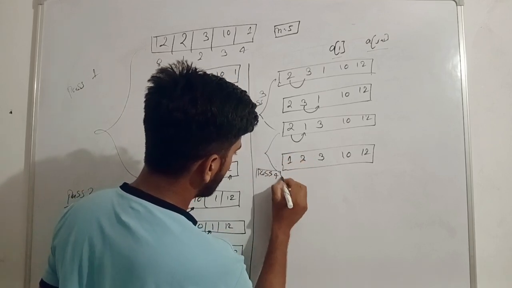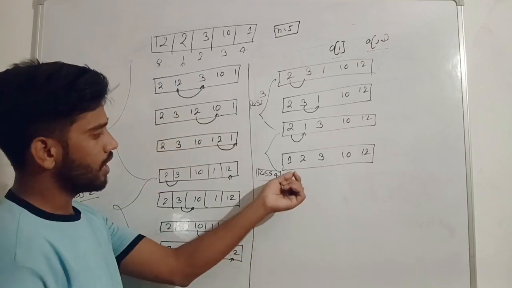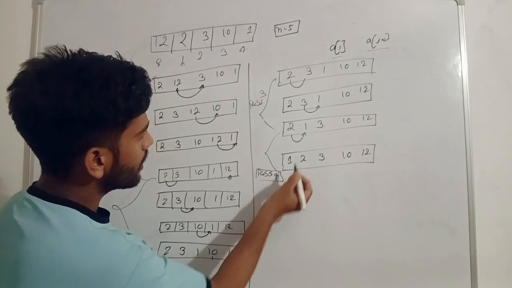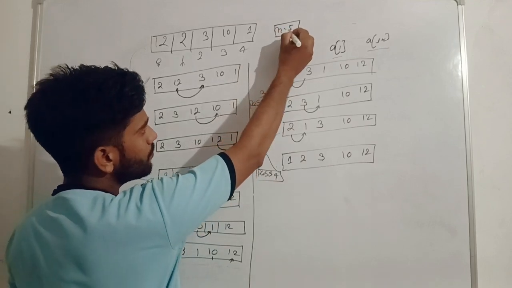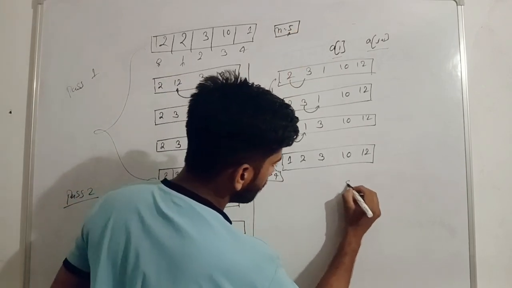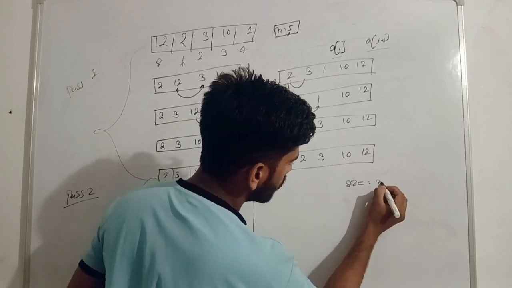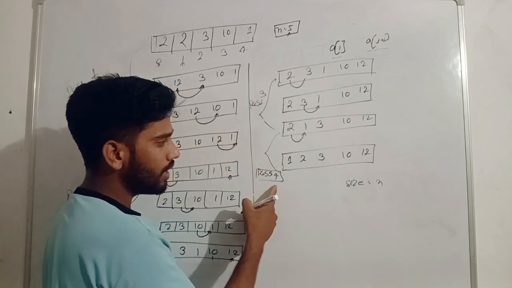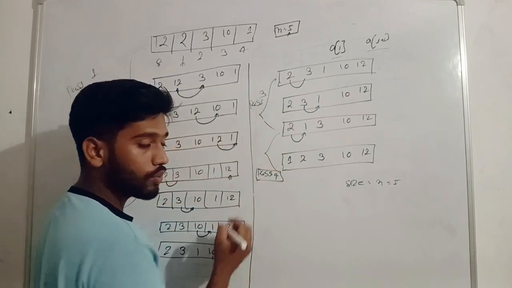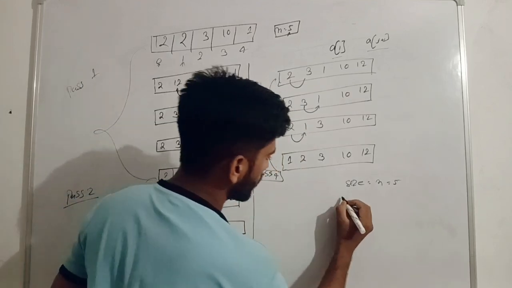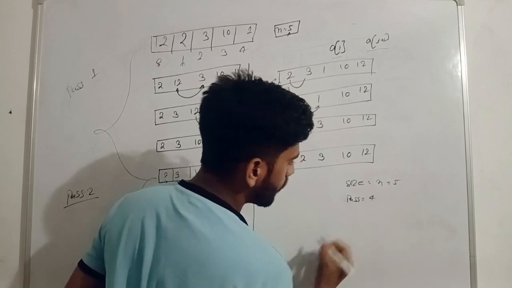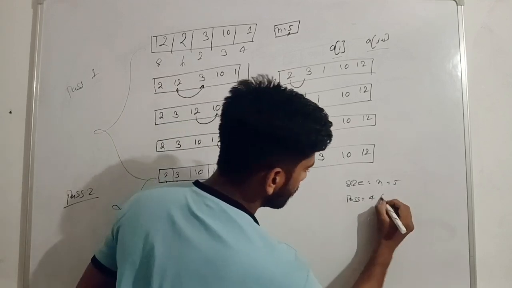Okay, how many passes are required? 4 passes are required. If the size is n, and n equals 5, then how many passes are required? 4 passes, which means n minus 1.